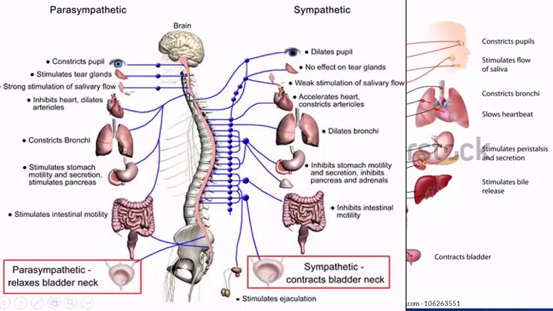You can see that the parasympathetic neurons originate from the brain or spinal cord and they terminate in the organ, where very short postganglionic neurons are present, and this occurs in all organs which are supplied by the parasympathetic nervous system.